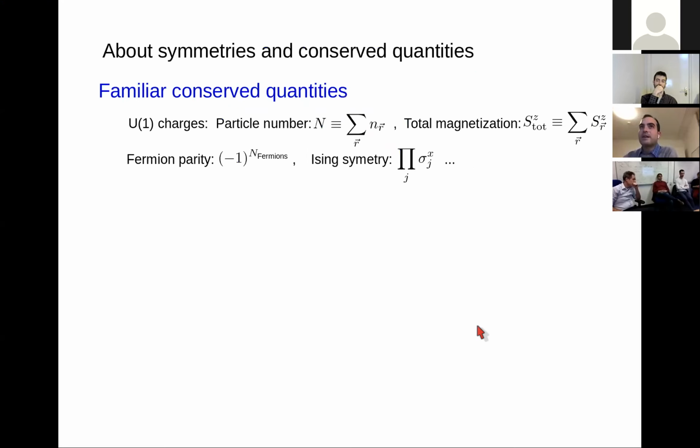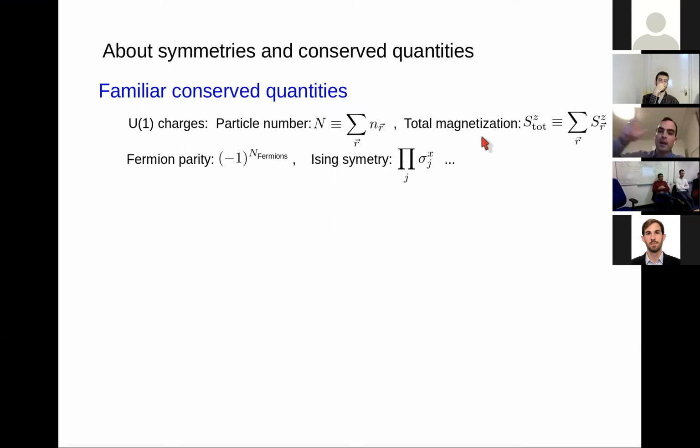We are familiar with conserved quantities like these U1 charges, such as particle number, which is a uniform sum of local densities along space, or total magnetization, which is the conservation of the spin components along a certain direction, as well as discrete symmetries like fermion parity or the Ising symmetry, the invariance of the Ising Hamiltonian under flipping the sigma z operators.